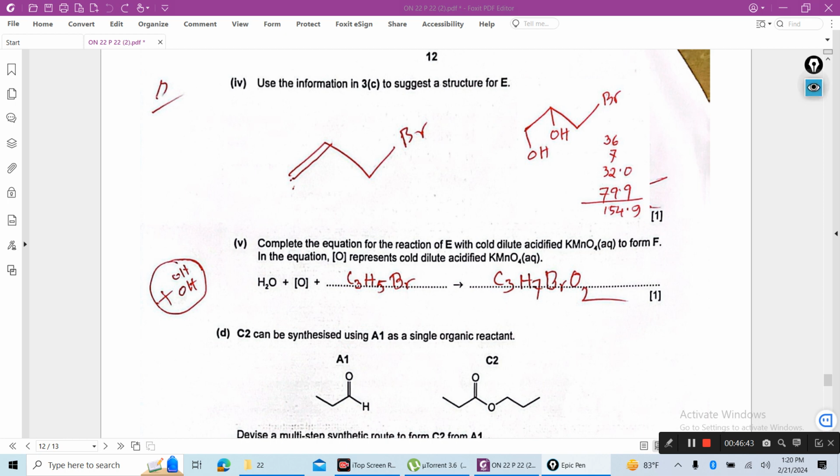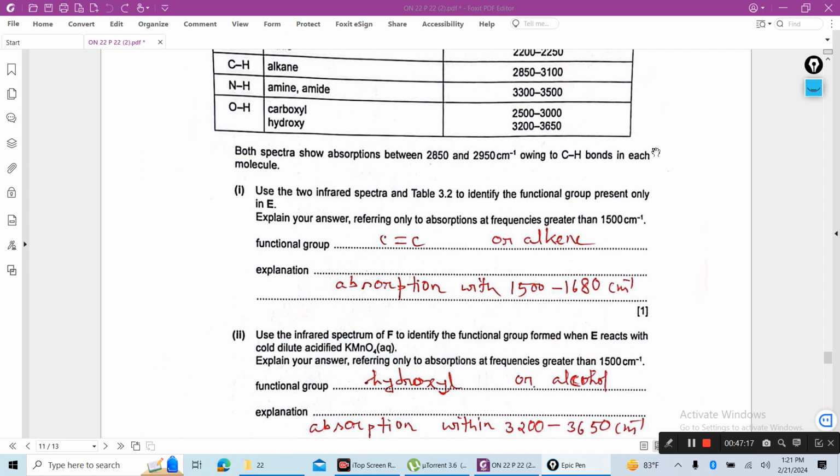Here, if bromopropene reacts with cold KMnO4, the bromopropane diol will be formed, and its mass will be 154.9 because this is given here.